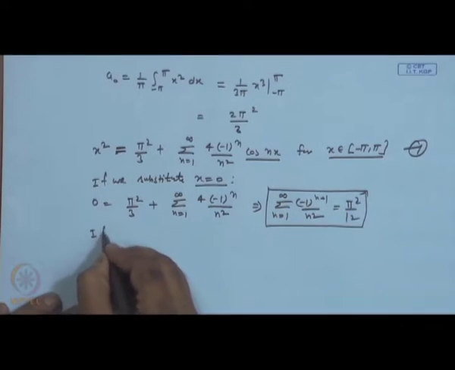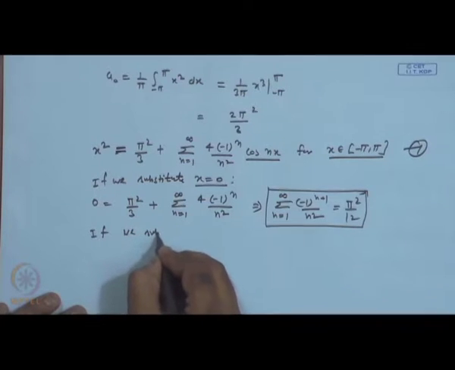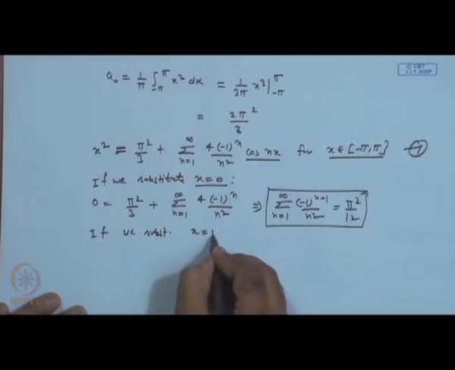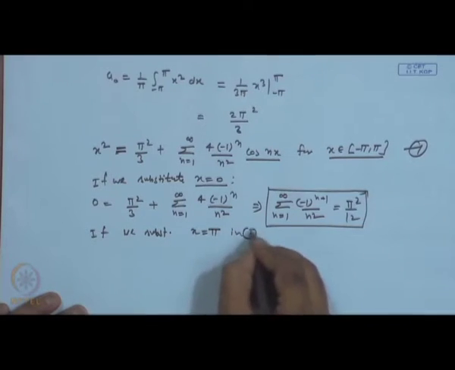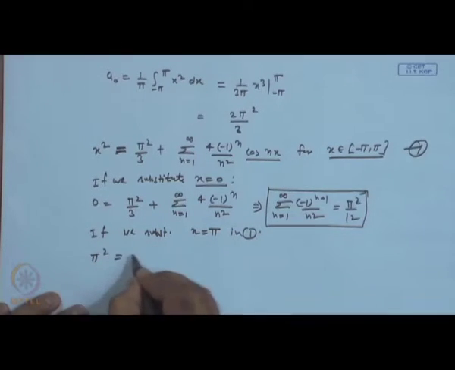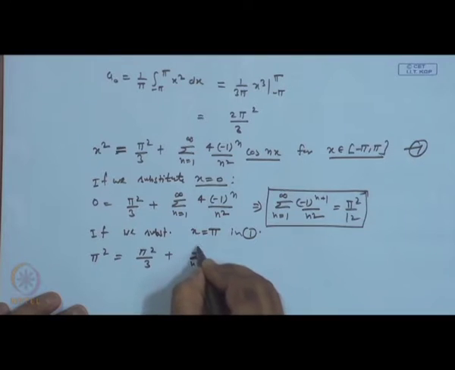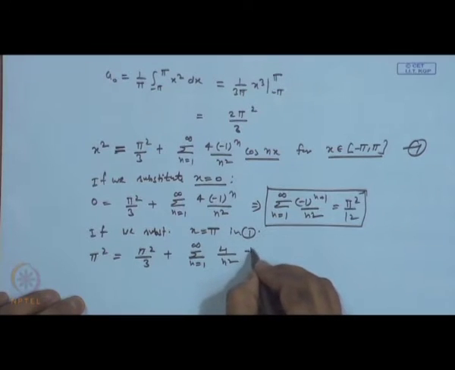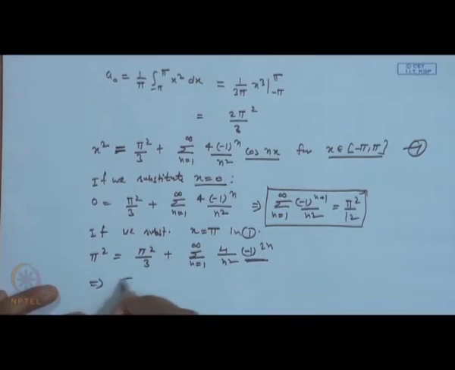So the second question was, if we substitute x equal to pi in 1 again. So what we get, left hand side will get pi square, we have pi square over 3, plus the sum n from 1 to infinity of 4 over n square, and we have minus 1 to the n, because cos n pi will give minus 1 power n, and this is 1. So we get the sum of 4 over n square, or 4 we can also take to the right hand side.